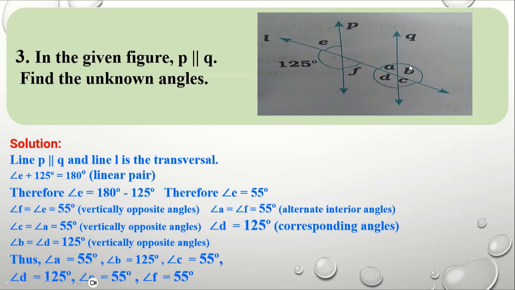B and d are vertically opposite, so b is also 125. So angle a is 55 degrees, b is 125 degrees, c is 55 degrees, d is 125 degrees, e is 55 degrees and f is 55 degrees.